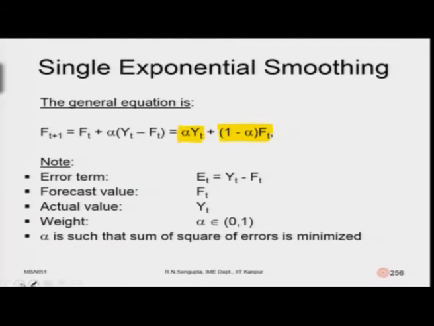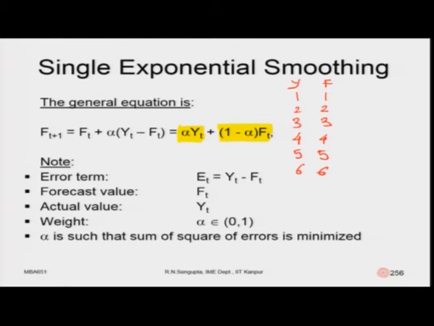So, what you have is actually like this. You have y, you have f, and I am just writing the time periods 1, 1, 2, 2, 3, 3, 4, 4, 5, 5, 6, 6.